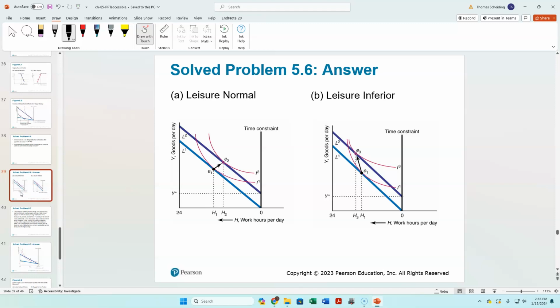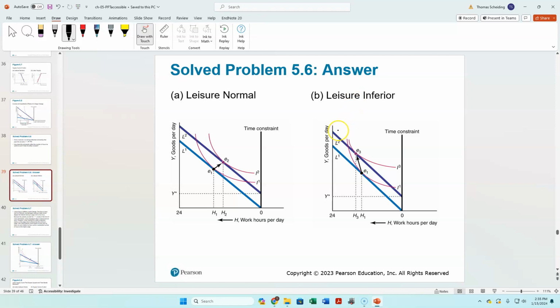Meaning that we see the situation where individuals change from income being a normal good to a point where people actually spend less time at work, as leisure, instead of being a normal good, can become an inferior good.